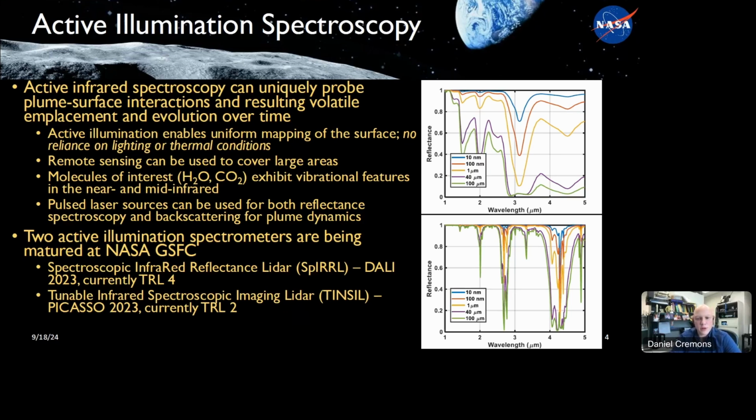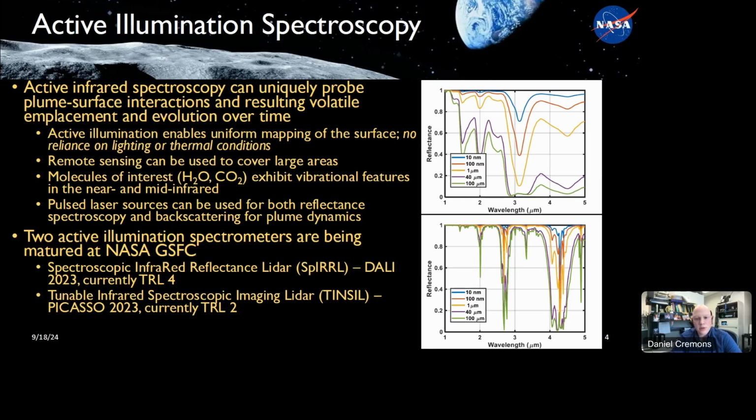That gives us a huge advantage over relying on the sun or just thermal emission for our light source in the spectrometer. And we can do this using lasers, which allows us to expand into remote sensing, so we can cover large areas of the surface, not just limited to really close measurements.